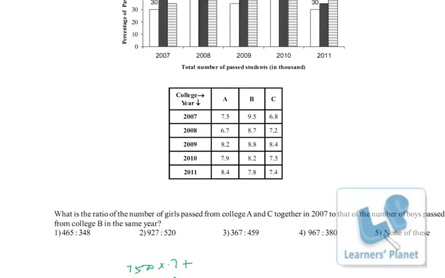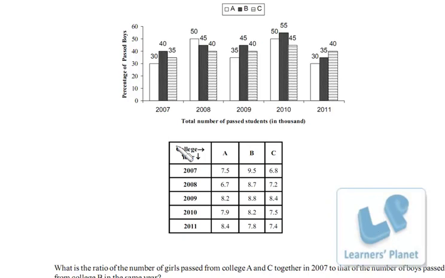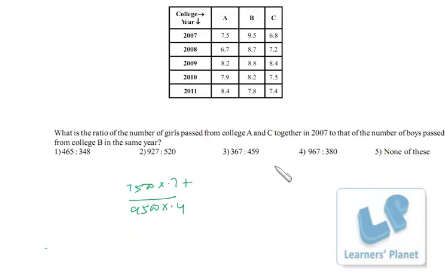So that is 6,800, and 35% were boys, so 65% are girls. So 6800 into 0.65. That is the calculation we have to make.